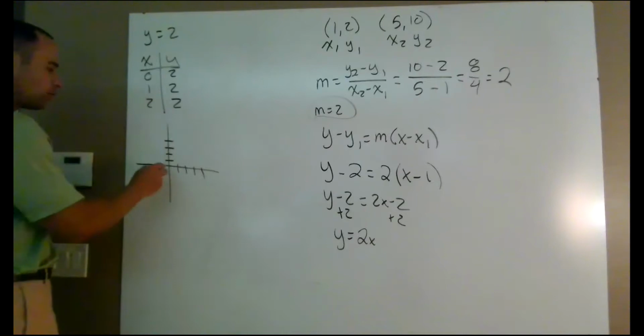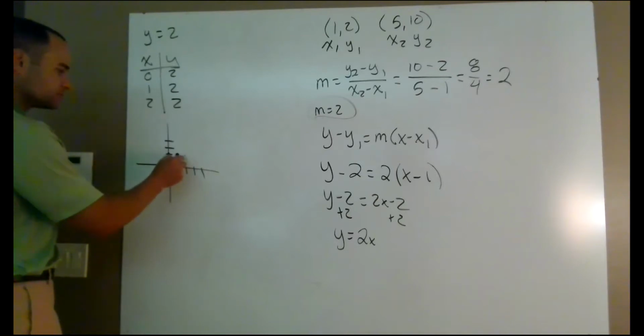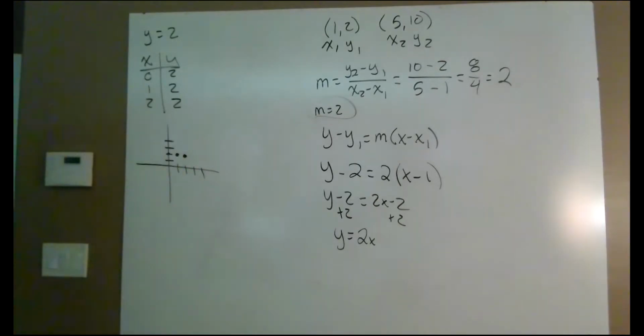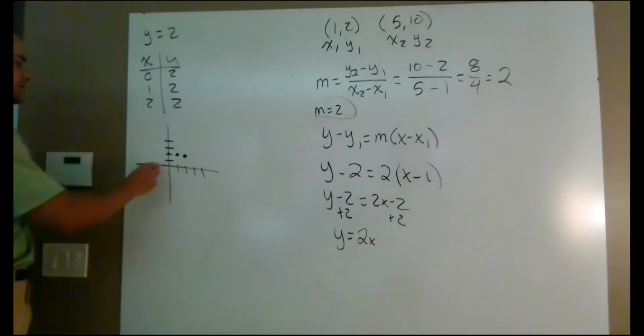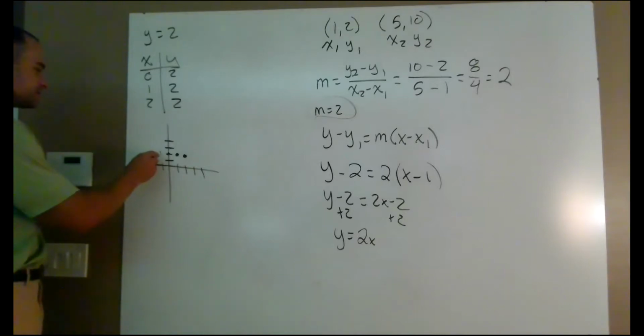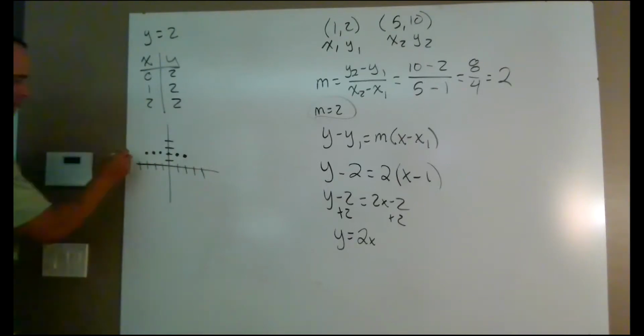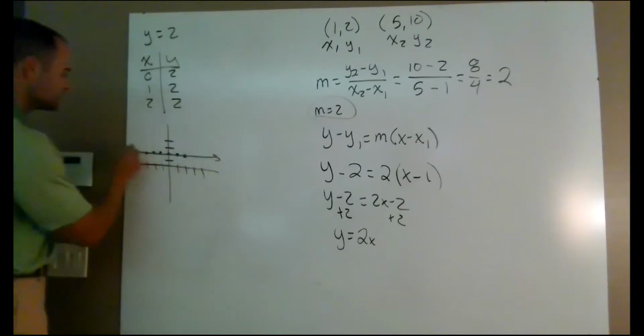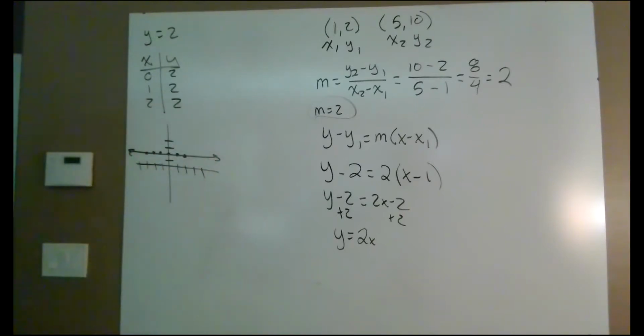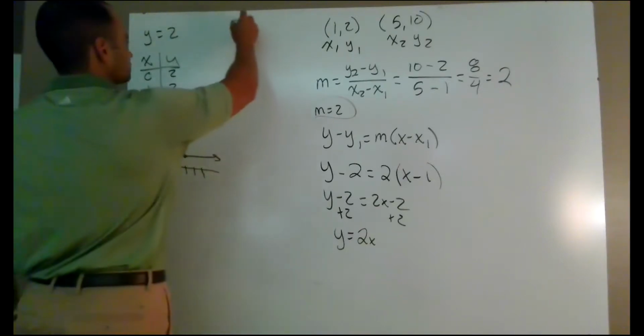So when I plot my points, I get (0, 2), (1, 2), (2, 2). And I would continue plotting points as I went across here, and I would see that I just end up with a series of points that y is equal to 2. And when I connect those dots, I end up with a horizontal line.